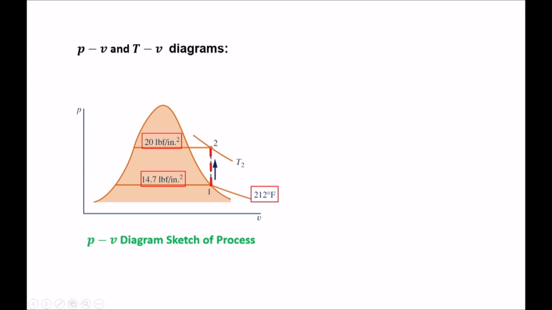State 2 is at the given final pressure of 20 pounds force per square inch but at the same volume as the tank is rigid, hence along a vertical line on this PV diagram. Given the shape of the vapor dome, state 2 is in the superheated region to the right of the vapor dome and at a temperature T sub 2.